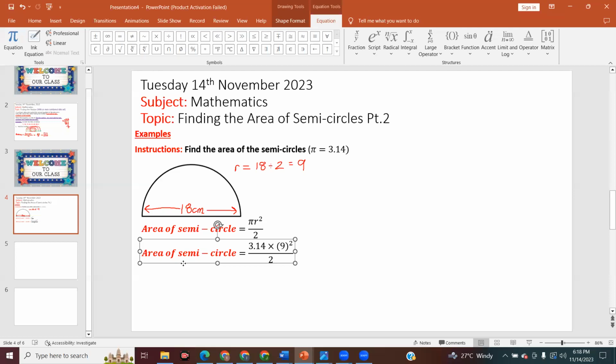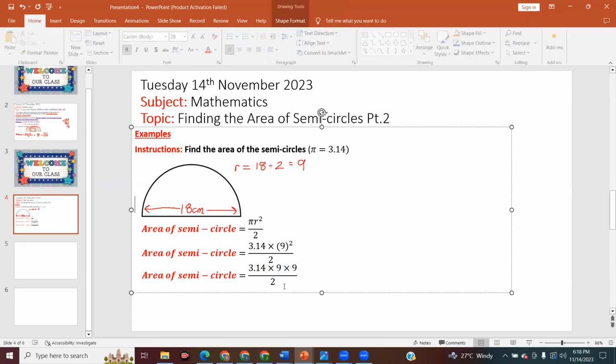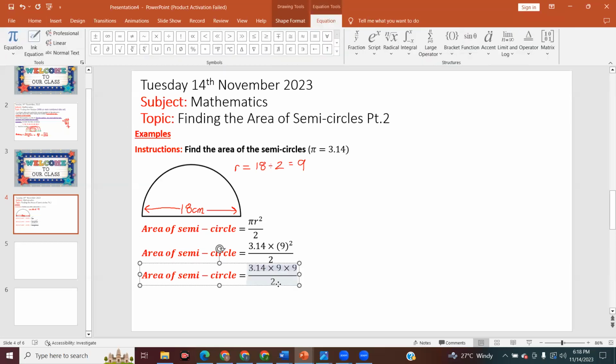It's going to be 3.14 multiplied by 9 times 9. And 9 multiplied by 9 is 81.